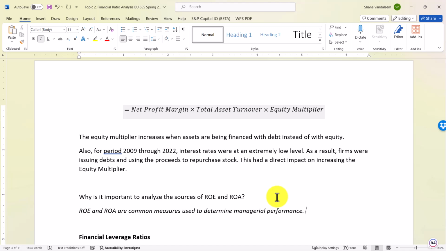As I mentioned before, especially with ROE, managerial performance can look better than it is just through how the company is managing its financing sources. In other words, if they're taking on a lot of debt and using that to boost the equity multiplier, they can make things look better than they are.